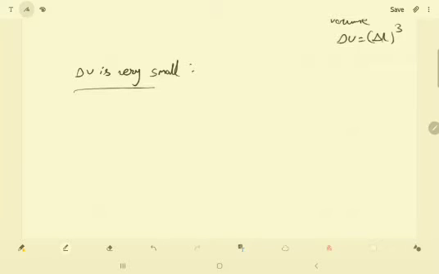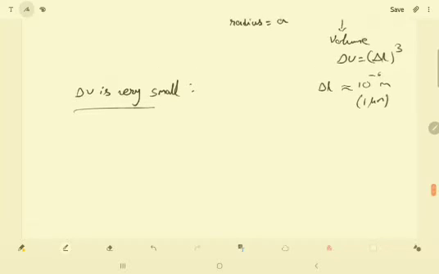How will it be small? Delta L is an approximation of 10 power minus 6 meters. We consider point mass, point volume, that means point length, around micrometers, nanometers in all the ranges. So let us think delta L equals 10 power minus 6 meters, then delta V equals 10 power minus 6 whole cube. That means 10 power minus 18 meters cubed, which is very small.